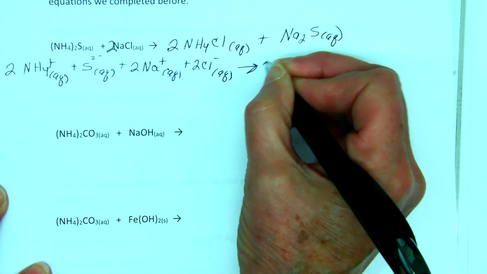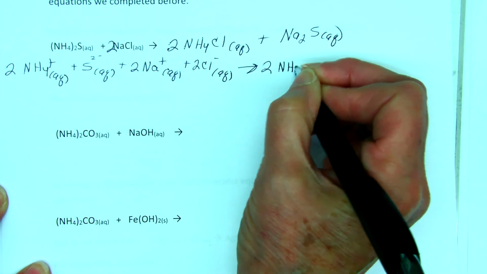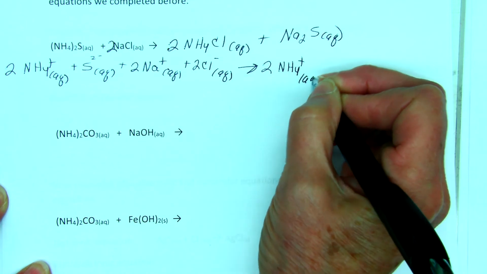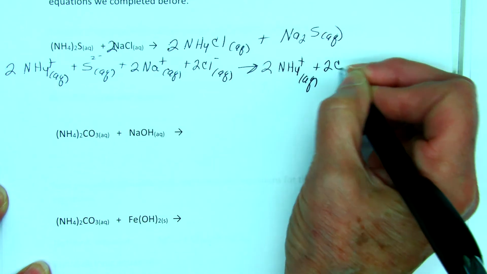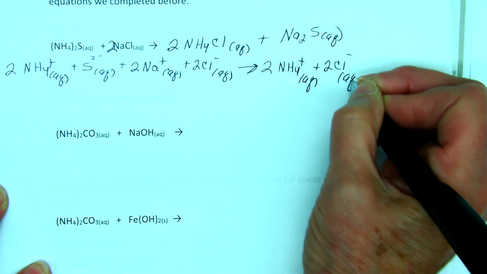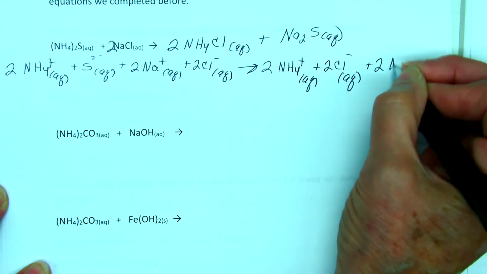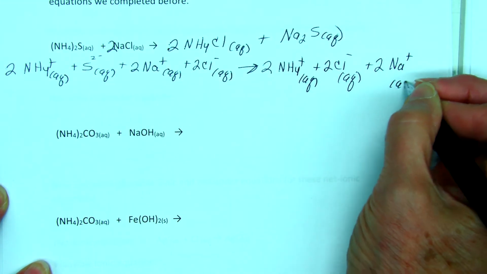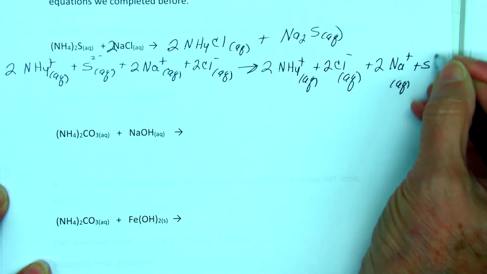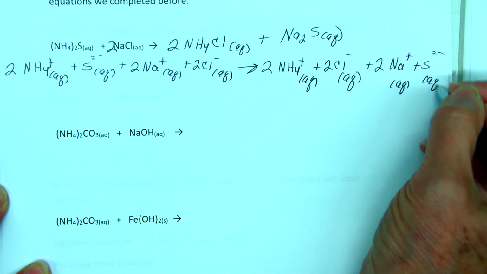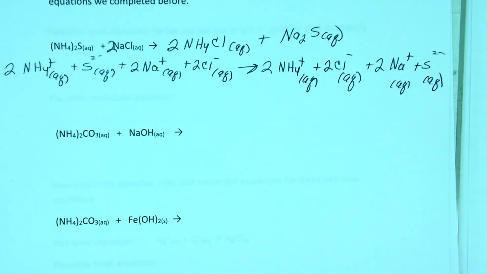That yields 2 ammonium ions, aqueous, plus 2 chloride ions, aqueous, plus 2 sodium ions, aqueous, plus a sulfide ion, aqueous. So all of these things were strong electrolytes that were soluble.